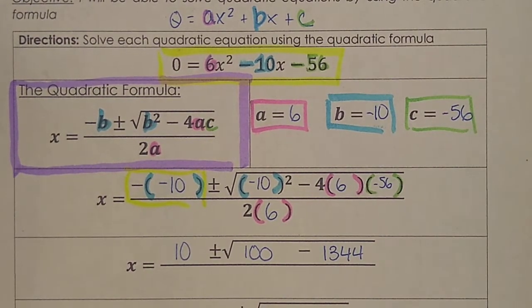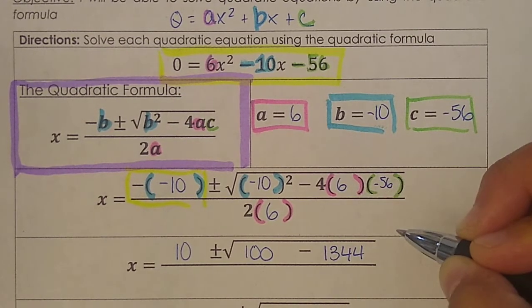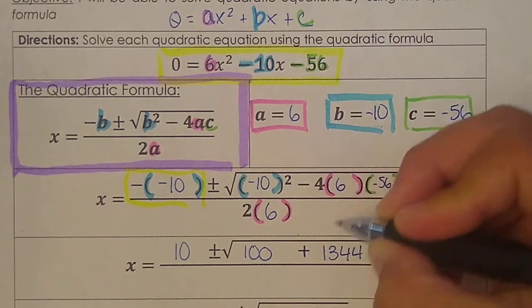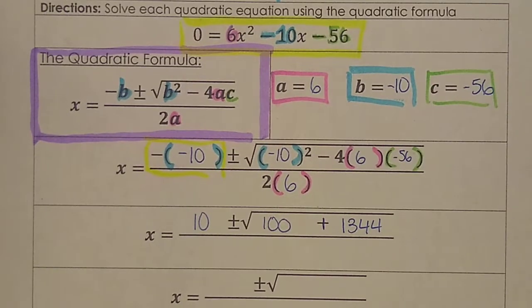But here's the cool thing about this graphic organizer. A negative subtracting a negative, that's addition. I can just turn that negative into a positive. Again, not something you're going to do every single time. Pay attention to what the signs are telling you to do.